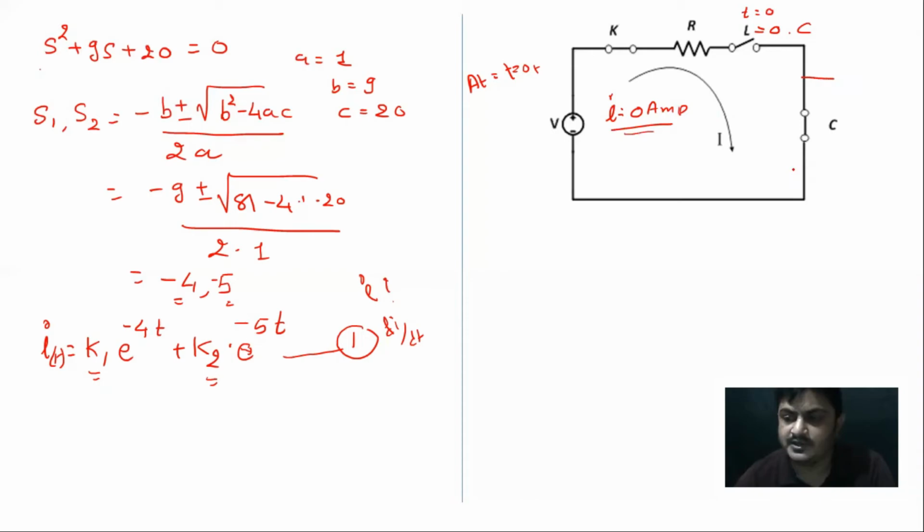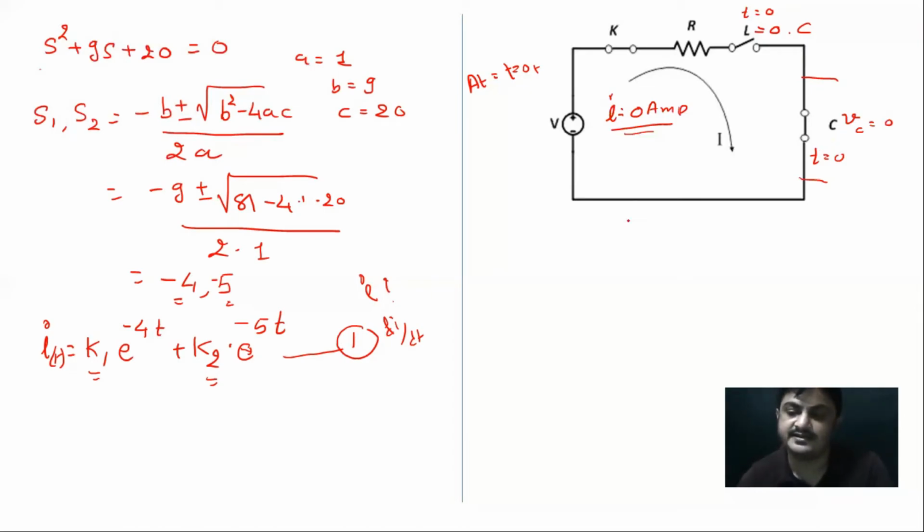If I put a multimeter, the capacitor voltage VC also turns out to be 0. Why is it so? Because the capacitor will behave as a short circuit. Whenever the capacitor comes in contact with the energy for the first time, at time t equal to 0, it behaves as a short circuit, because the capacitor starts charging, and during the start of the charging, the capacitor behaves as a short circuit.